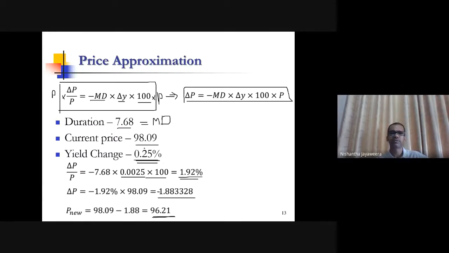This 0.25% change in yield, in basis points, how many basis points? Going to 5%, it is 25 basis points.